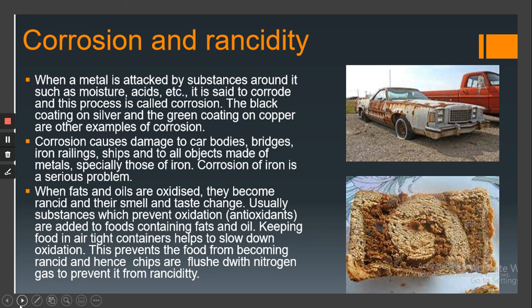If we keep the food material in airtight containers, oxidation will slow. And like this, we can prevent our food materials from becoming rancid. Hence, chips packets are flushed with nitrogen gas to prevent rancidity. So nitrogen is used as an antioxidant in the manufacturing of chips and other food materials.